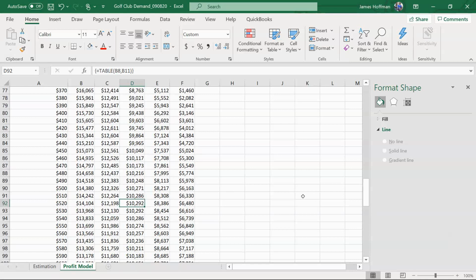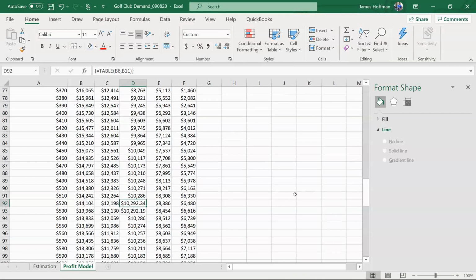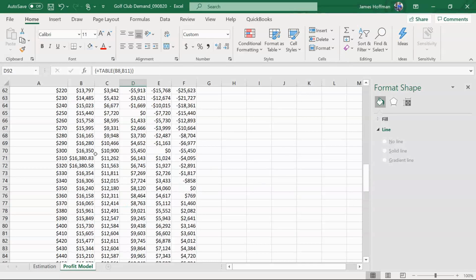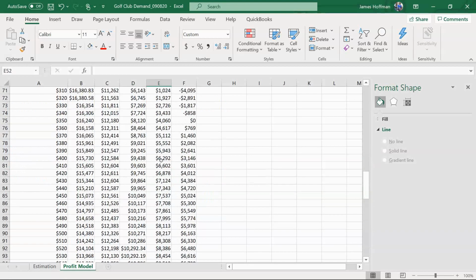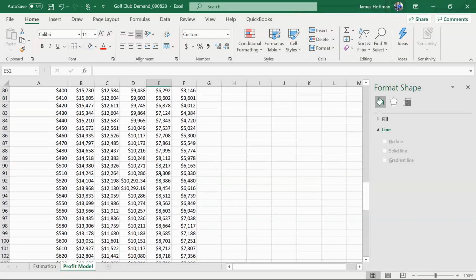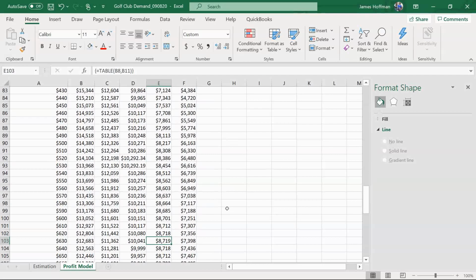I have to extend the decimal, so I have to pick one. Okay, so it's 520. Let's find this one. What selling price gives us 8,719?